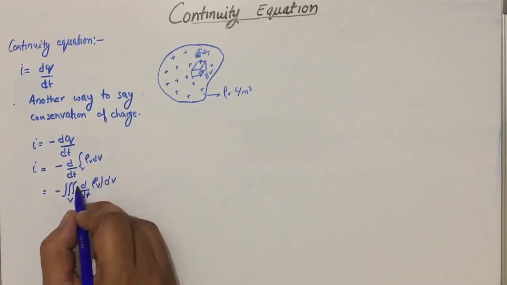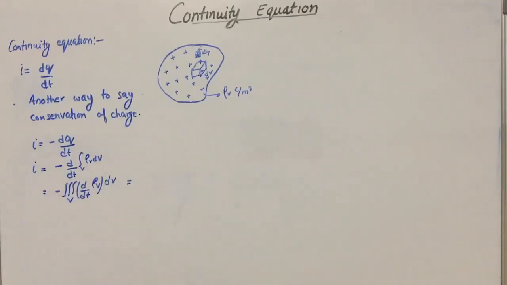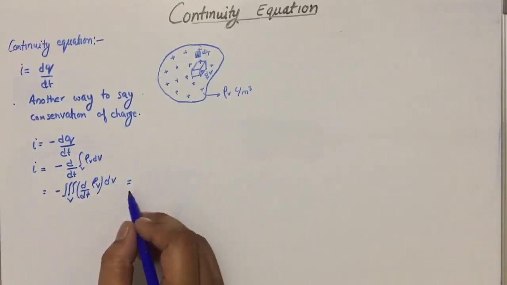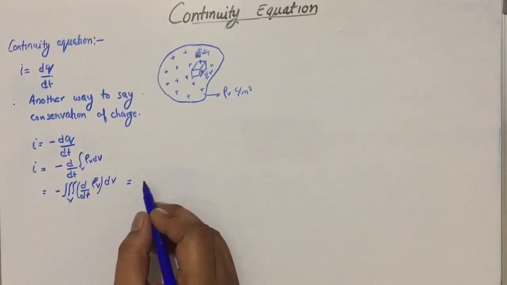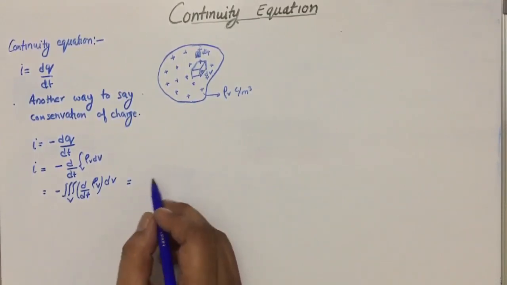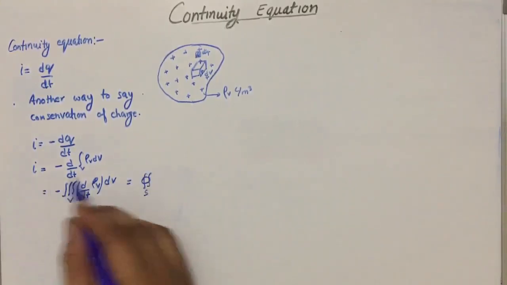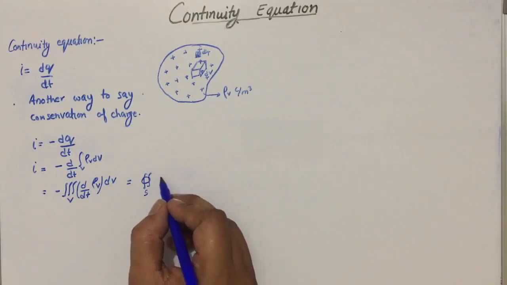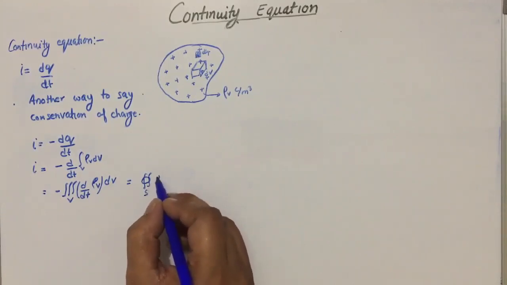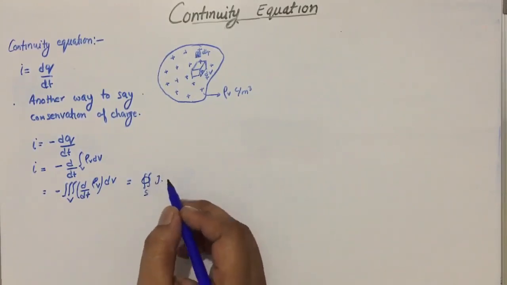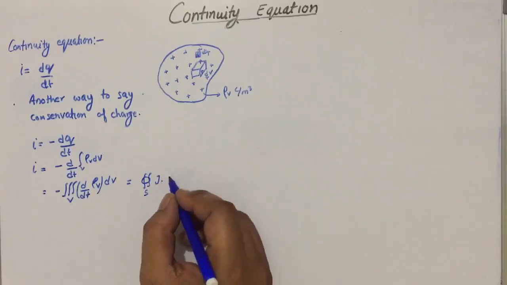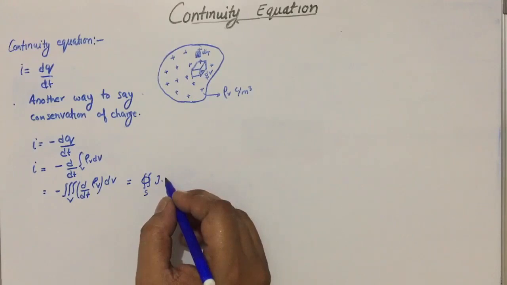The current can also be written as the surface integral of current density over a closed surface, J dot ds.